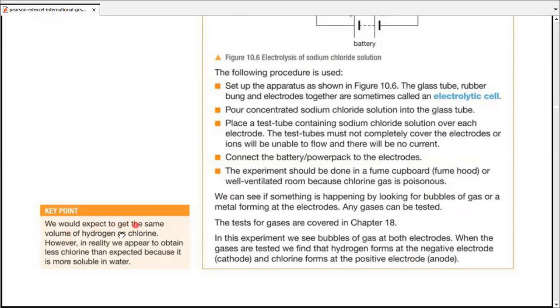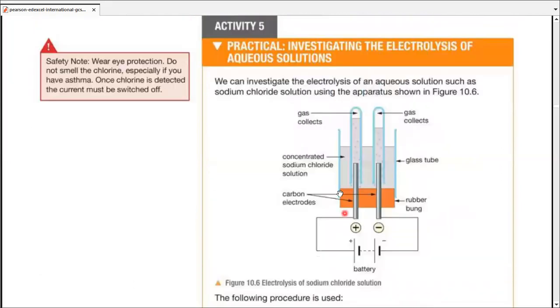We would expect to get the same volume of hydrogen as chlorine. However, in reality, we obtain less chlorine than expected because chlorine is somewhat soluble in water. That's why you would notice a larger volume of hydrogen gas, as it's insoluble in water, and a small volume of chlorine gas because it's soluble in water.